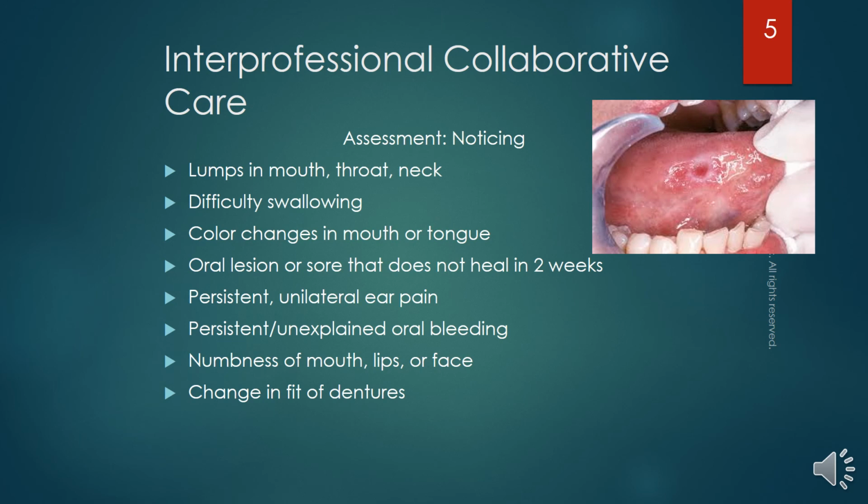If they have persistent ear pain on one side or persistent unexplained oral bleeding, maybe they'll have a numbness of the mouth, the lips, or the face. Or all of a sudden their dentures don't fit right. Then these are things that may point to mouth cancer.